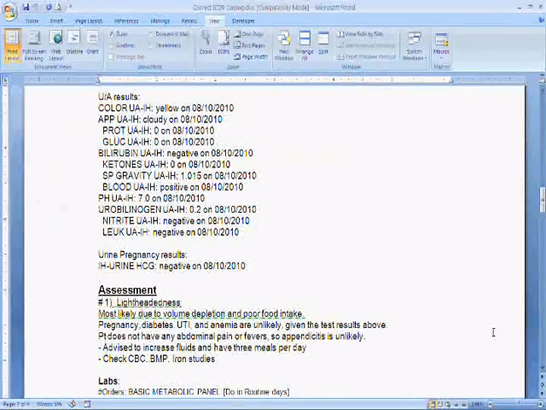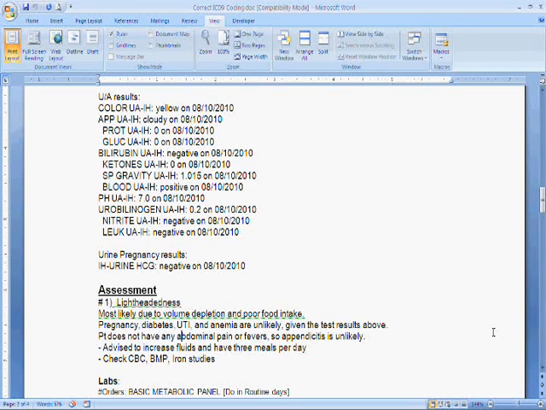I have an example here, an example that we've been using. The assessment and the plan, the plan isn't listed on this particular chart. It should be, and they're kind of lumped in here. The assessment is kind of what, from the physician's point of view, is going on. And so this assessment is lightheadedness. It is a new problem.